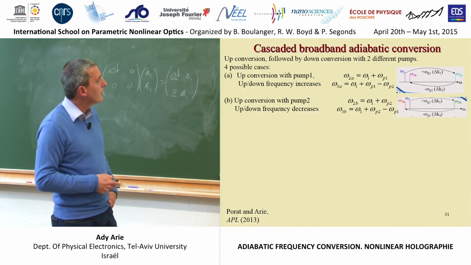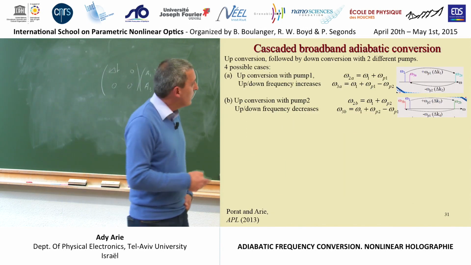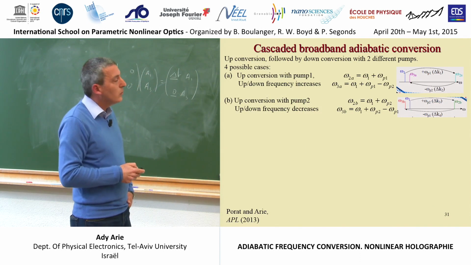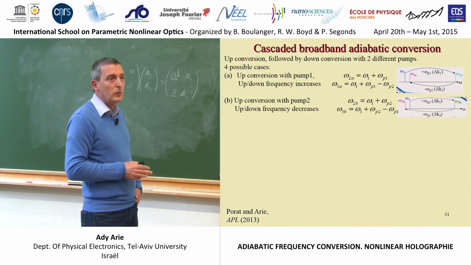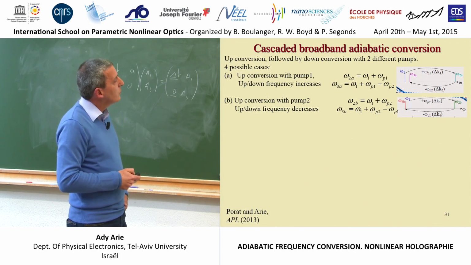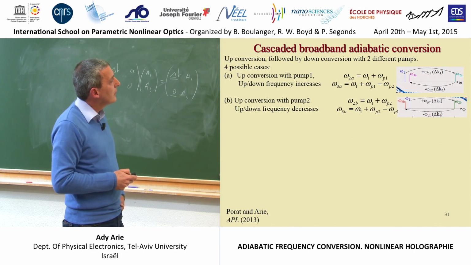OK. Now let's go one step further. So now we want to do cascaded processes, but also we want to have them broadband. Again, we start with omega 1. We add a pump. We go to omega 2.